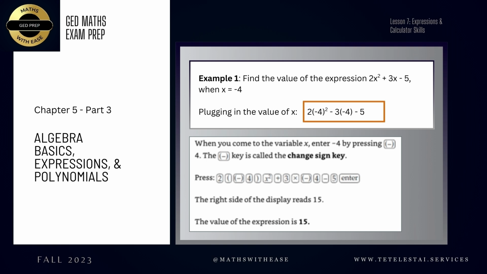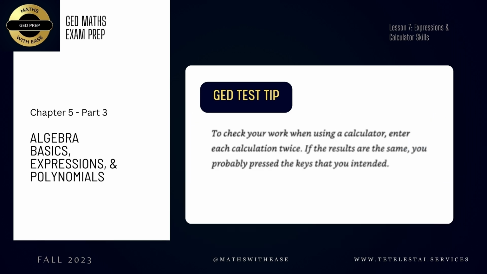You should get a value showing 15 as the right answer. Practice using your calculator to get that expression in there and make sure that you get the right answer. To check your work when you're using a calculator, you want to enter each calculation twice. If the results are the same, then you know that you probably pressed the keys that you intended.